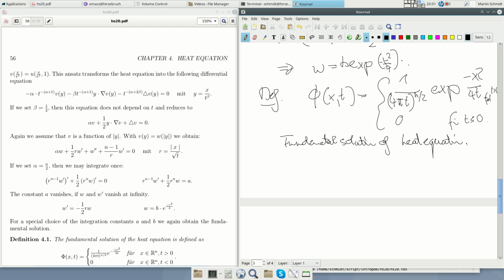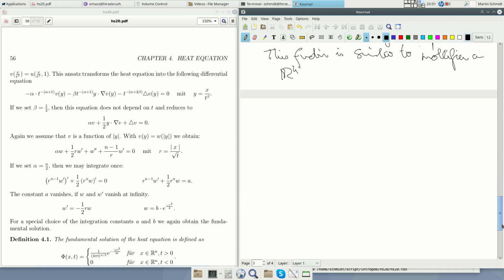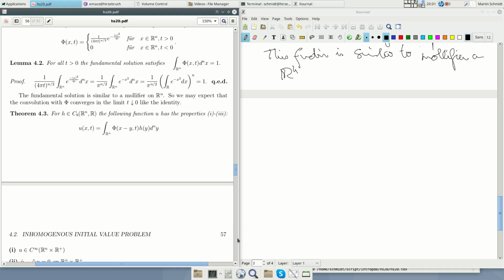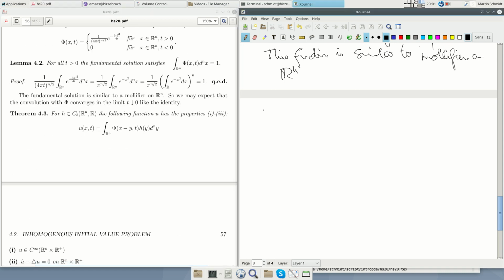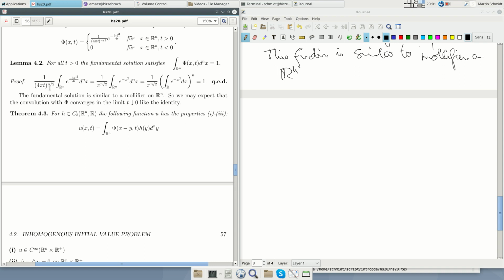And this function is similar to a mollifier on R^n. What does this mean? Yeah, now we prove a lemma. Lemma: the integral is always 1.